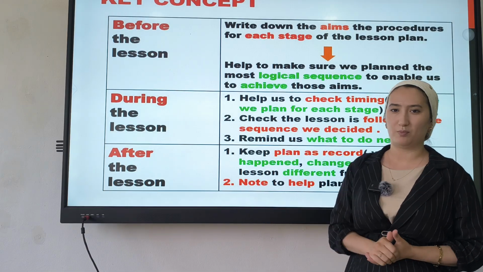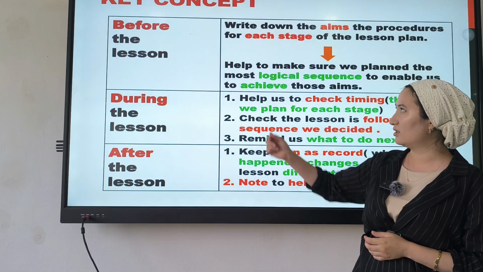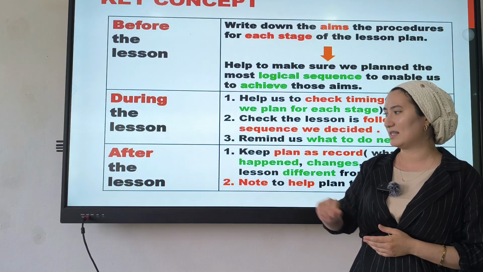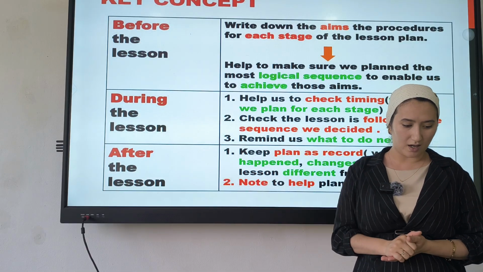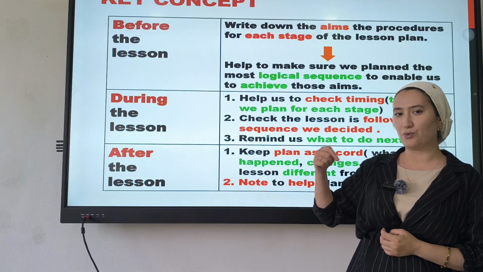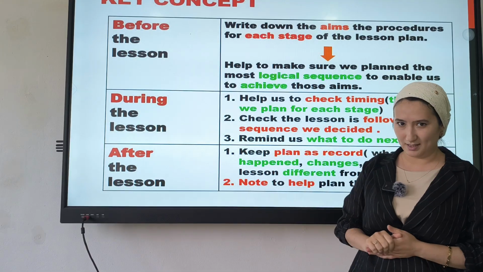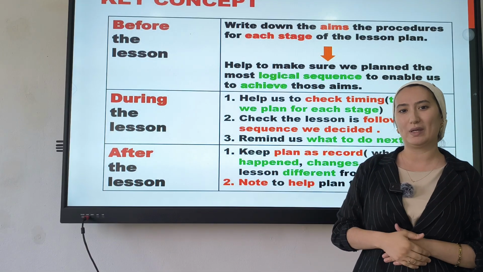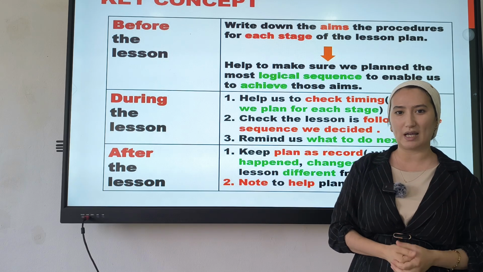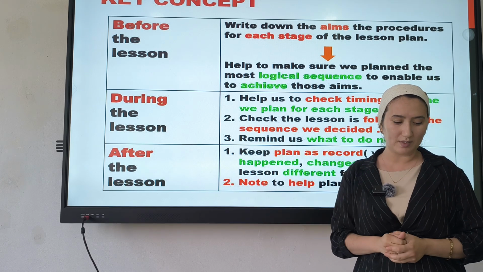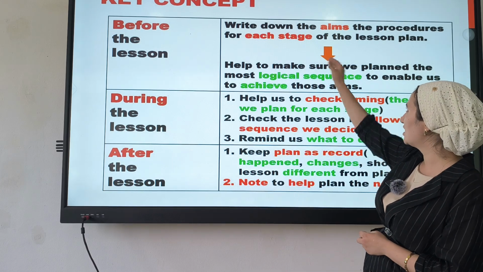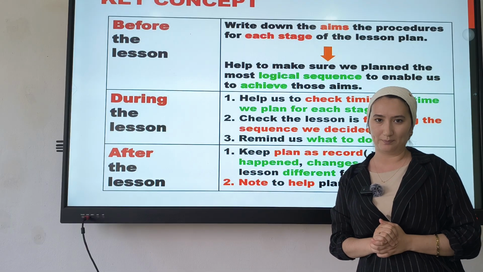Here are some key components that we have to consider before the lesson, during the lesson, and after the lesson. So we have to write down the aims or main aims, or we can say lesson objectives. So, the main aims and the procedures for each stage of the lesson plan.